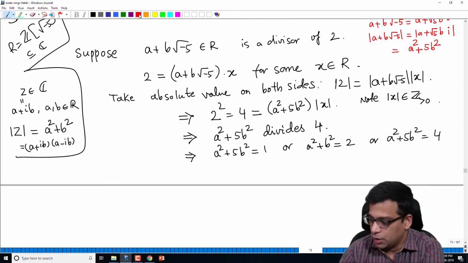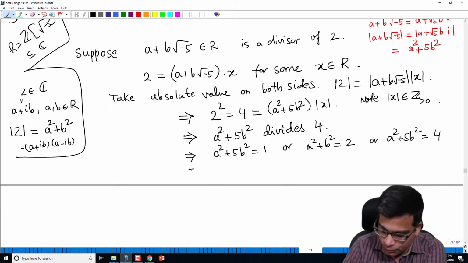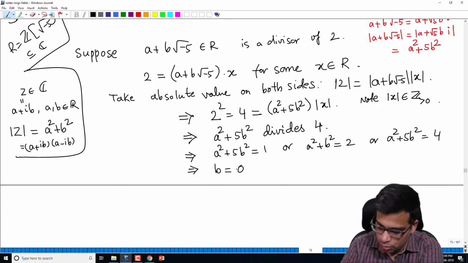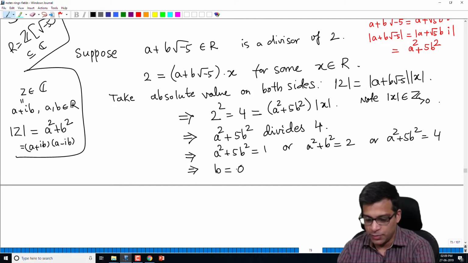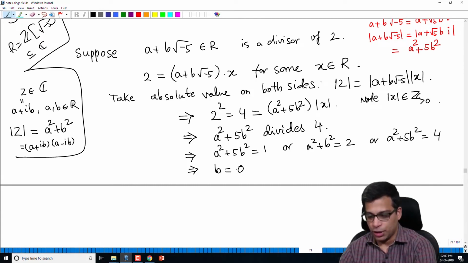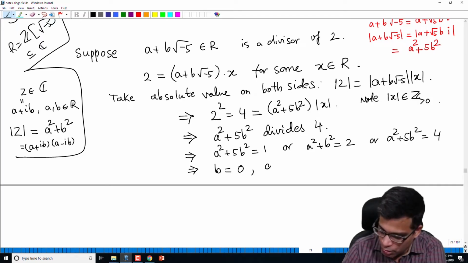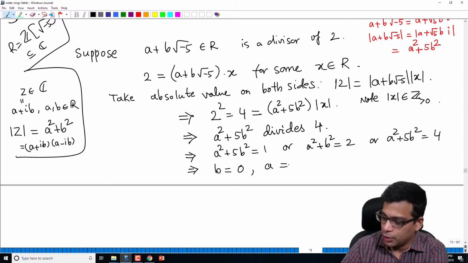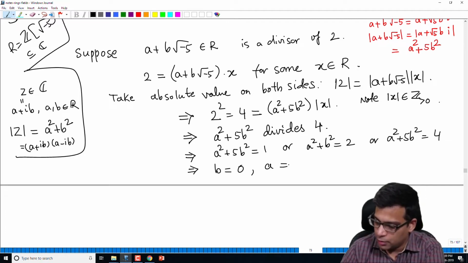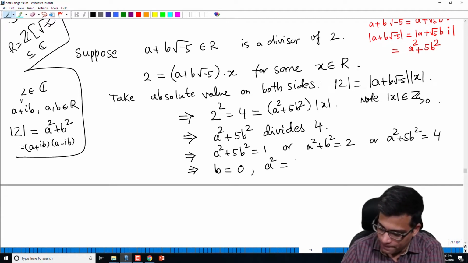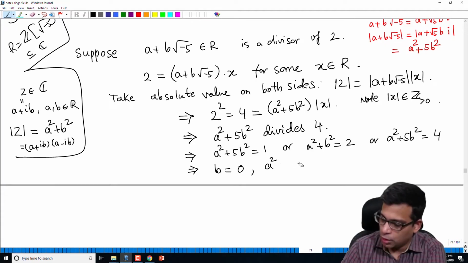Now certainly this implies that b has only one possibility, because b must be 0. As soon as b is positive, or negative but non-zero, b squared will be positive and 5b squared will be at least 5. But a squared plus 5b squared is 1, 2 or 4. So b has to be 0, and a squared has to be either 1 or 2 or 4.